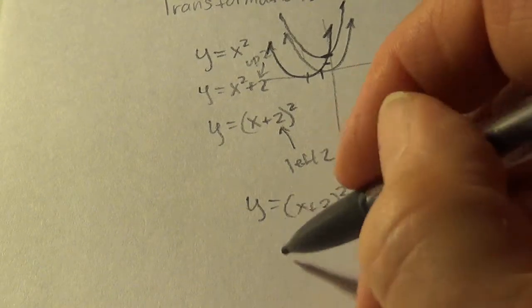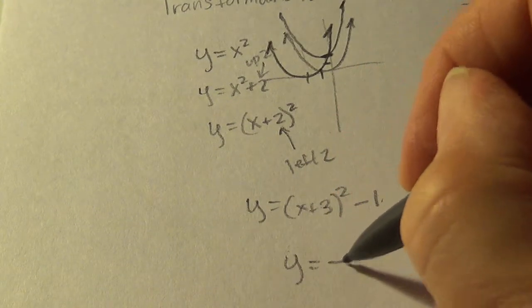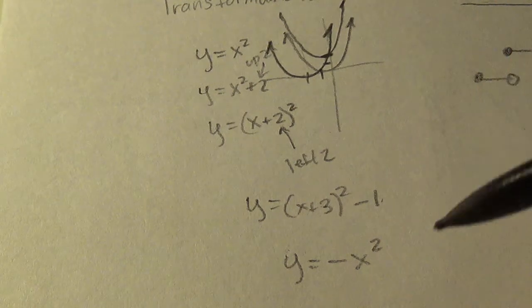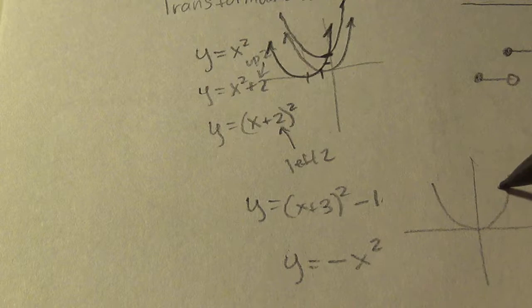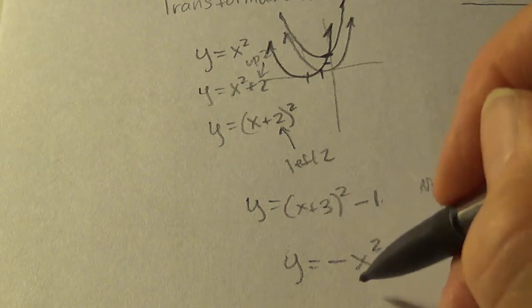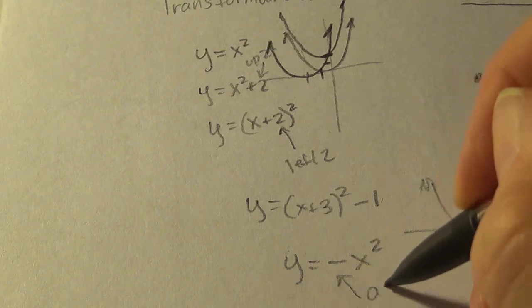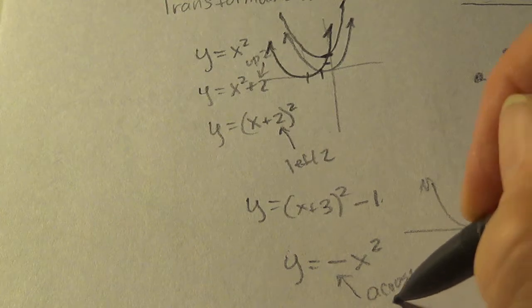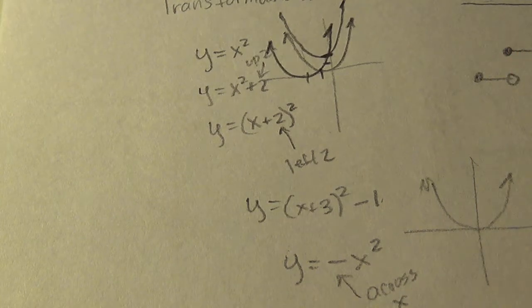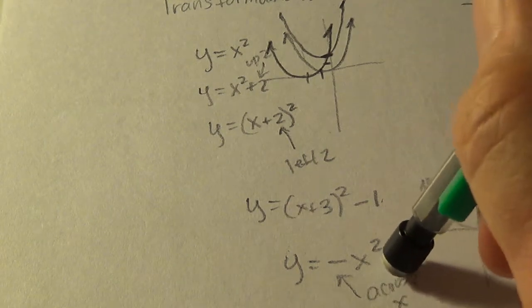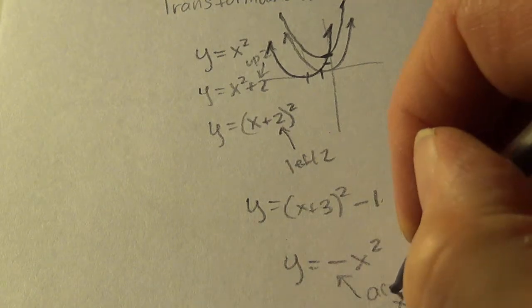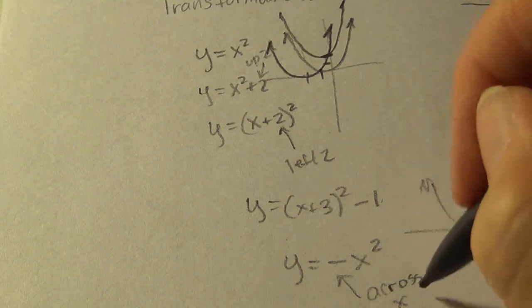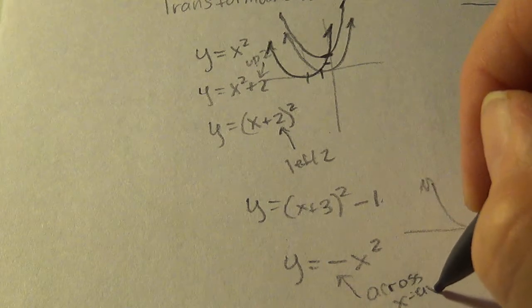And that is if you had y equals -x squared, that would take this function and flip it across the x-axis.